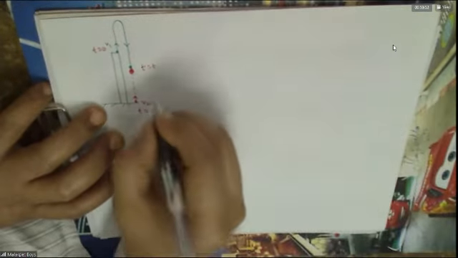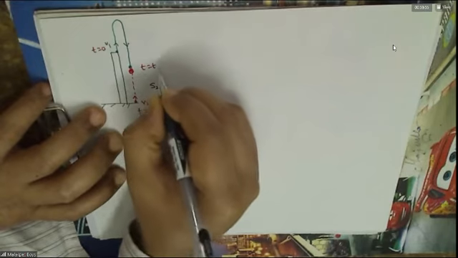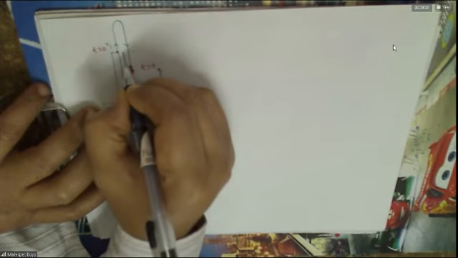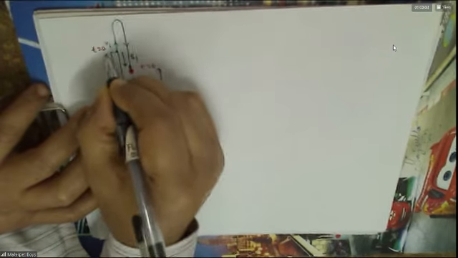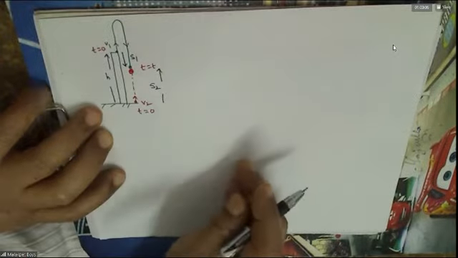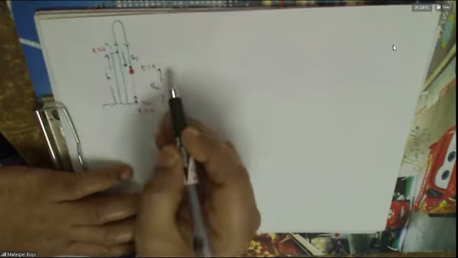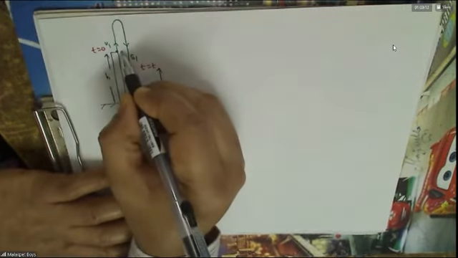Now you can see that this is the displacement of the second one. This is the displacement of the first one. Displacement means the vector joining the initial and final positions. What is the displacement from 0 to t for the first particle? Initial position to final position.